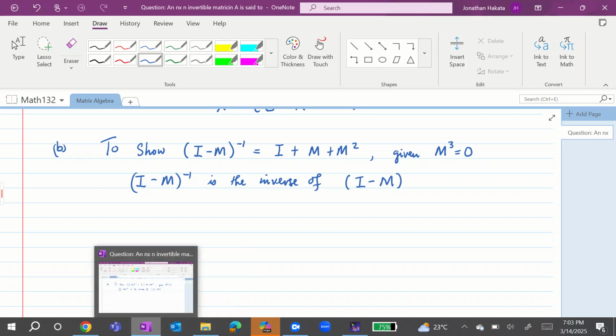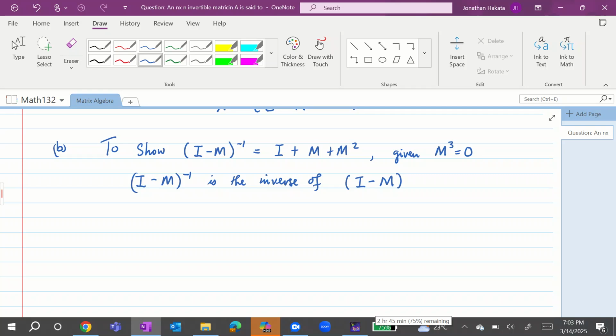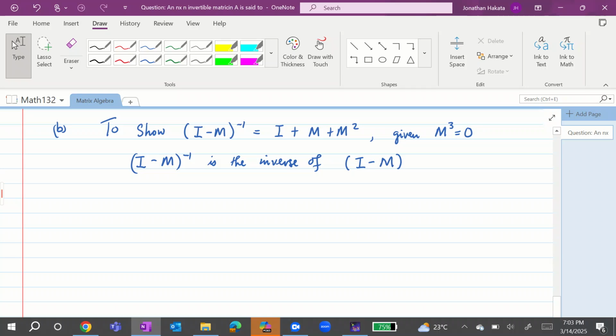But in this statement, we need to show that the inverse is equivalent to I plus M squared. So in other words, let's take I plus M squared and multiply it by I minus M and see if we get the identity matrix. If we can get the identity matrix, then I plus M squared is also another form of the inverse.